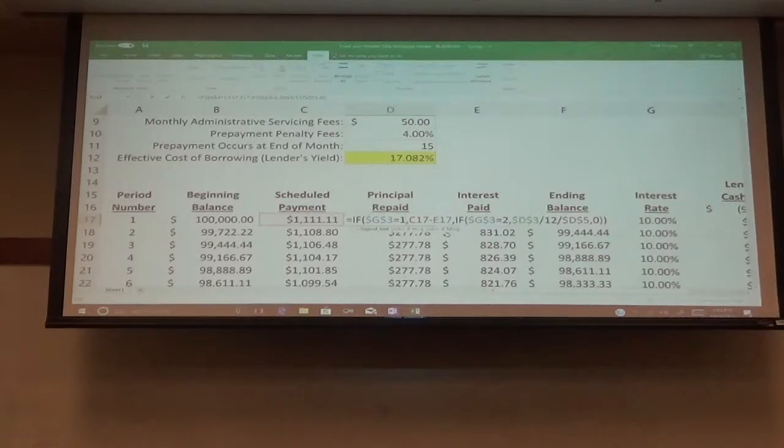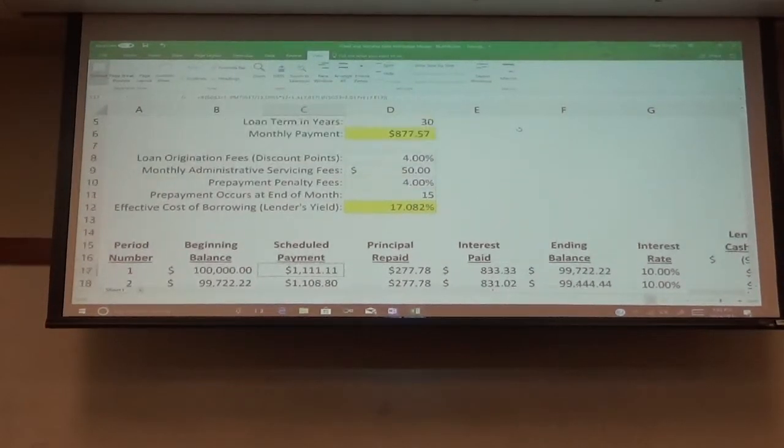I'm just confusing myself. Okay, everybody got it? No. Which one now? I don't know. I have it in, but none of my stuff's working. Mine is the effective cost of borrowing, it's different. Well, I did change a couple of the assumptions.